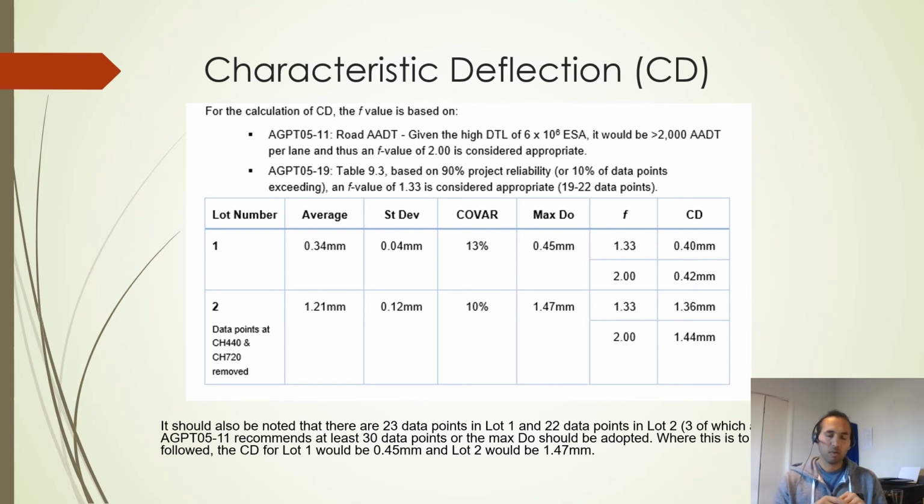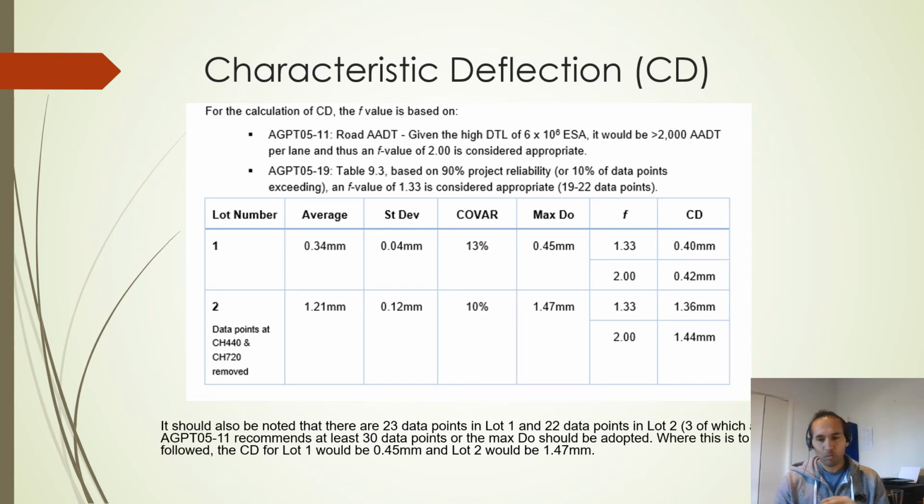We've chosen two different F values here. While we haven't been given a daily traffic volume per lane, 6 by 10 to the 6 ESA is quite high, which would indicate that daily traffic volumes are greater than 2,000 vehicles a day. That's an assumption we'll confirm during construction and detailed design.